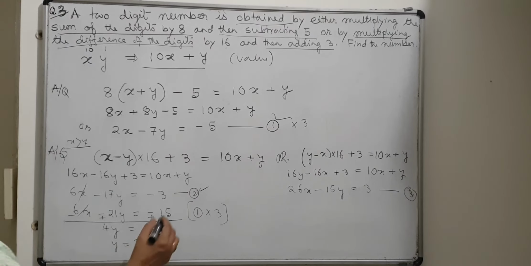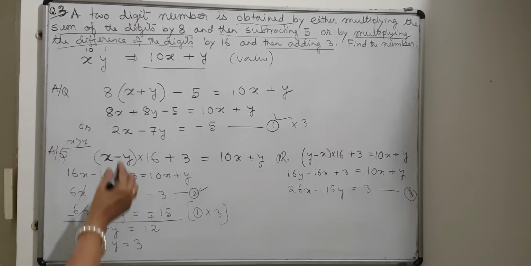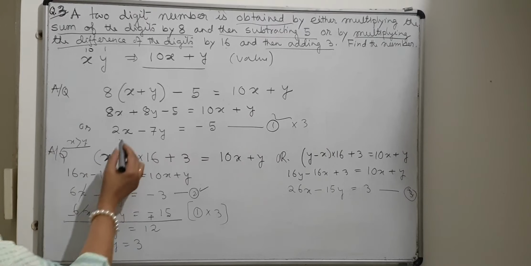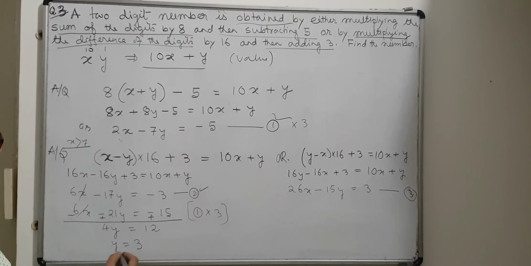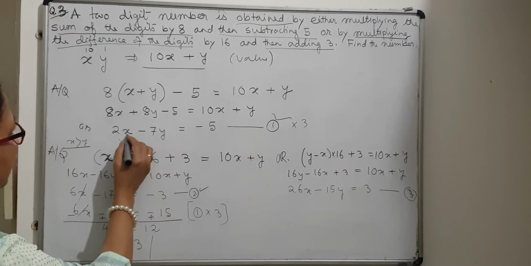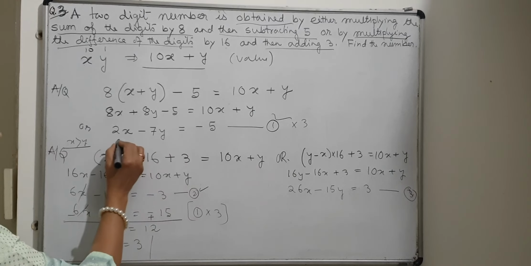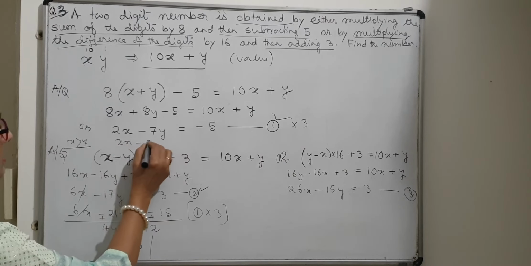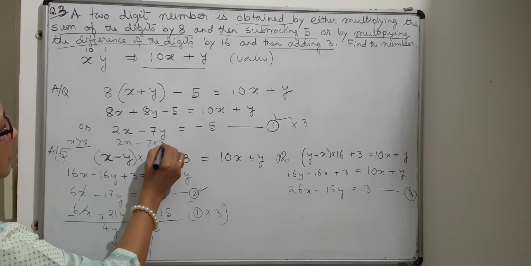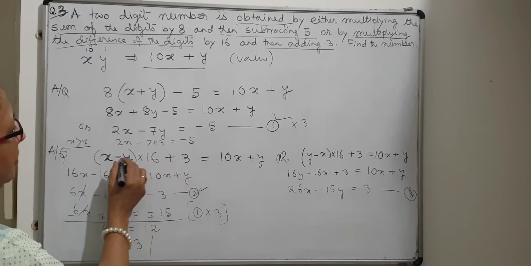So y is 3. So from equation 1 I can get the value of x. Y is 3. What will be x from equation 1? Twice x minus 7, y value is 3, is minus 5.